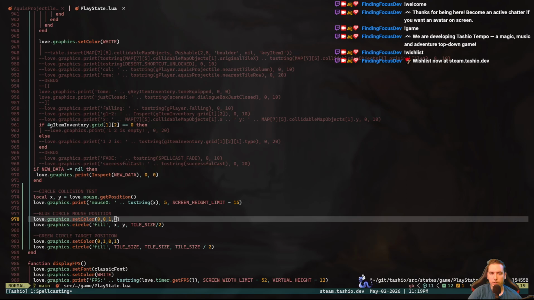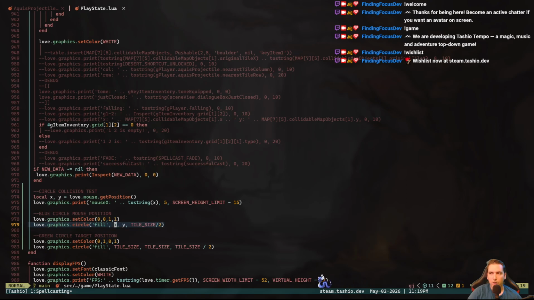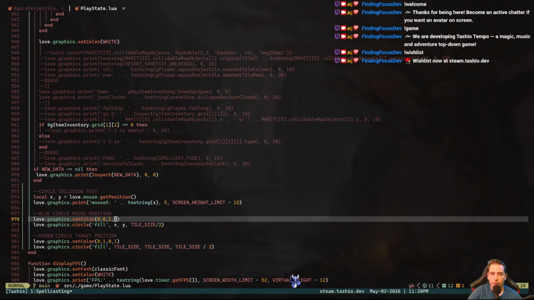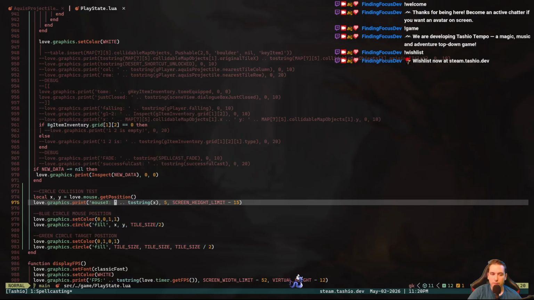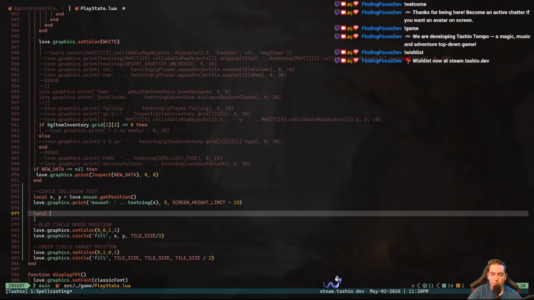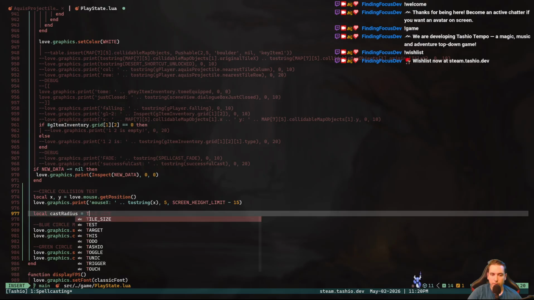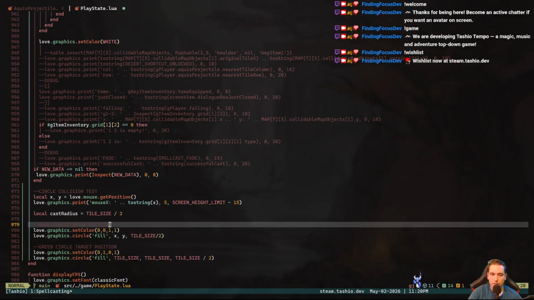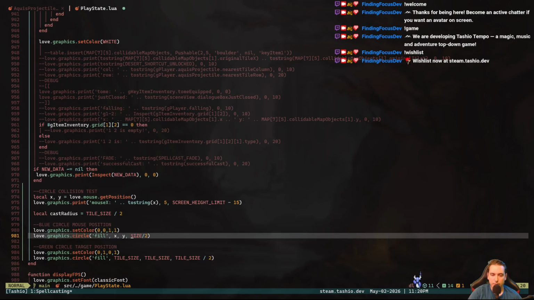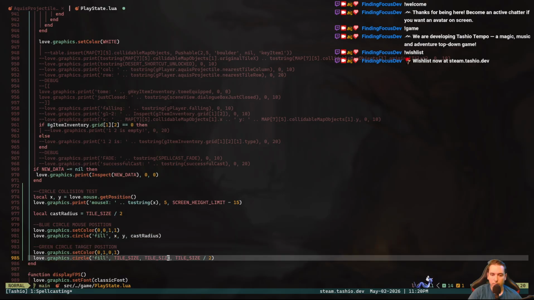Okay, so before we go ahead and render our blue, we need to make sure we're not colliding with this location. So if, for example, we have a tile size over 2 for the radius, we can say the local cast radius is going to get assigned half of a tile size, so that we can put the cast radius here and right here.